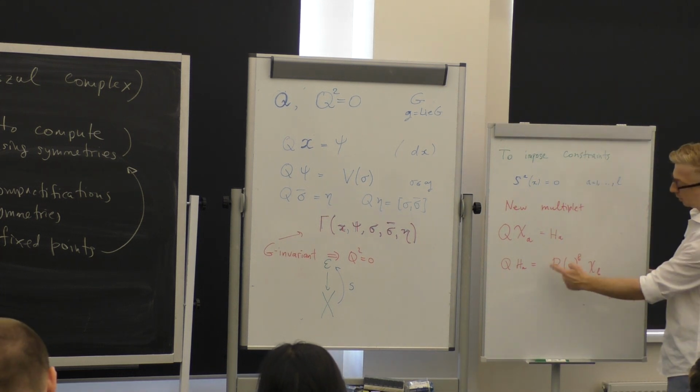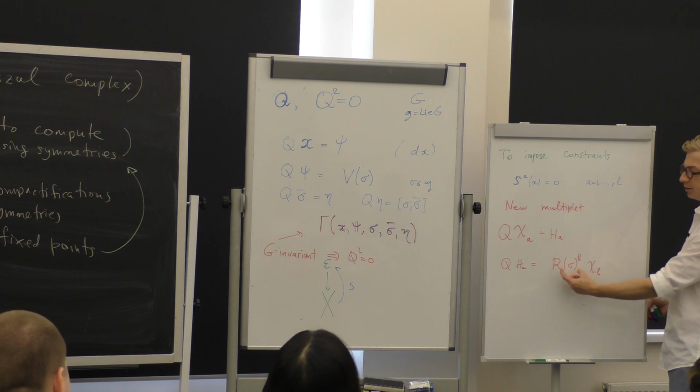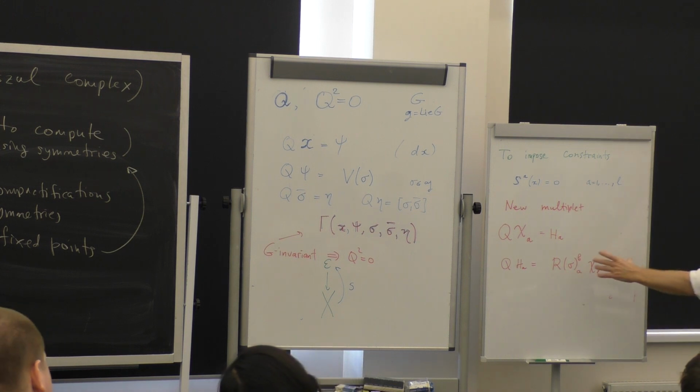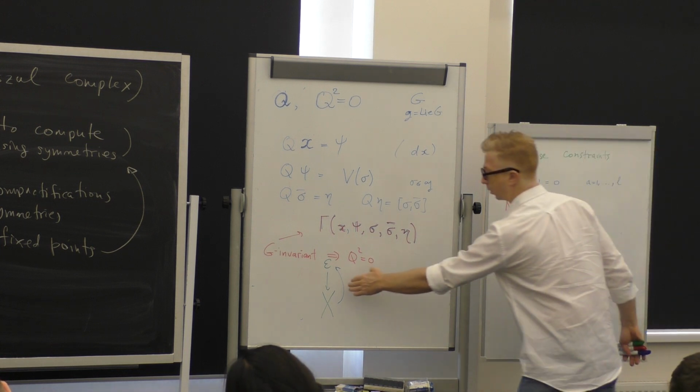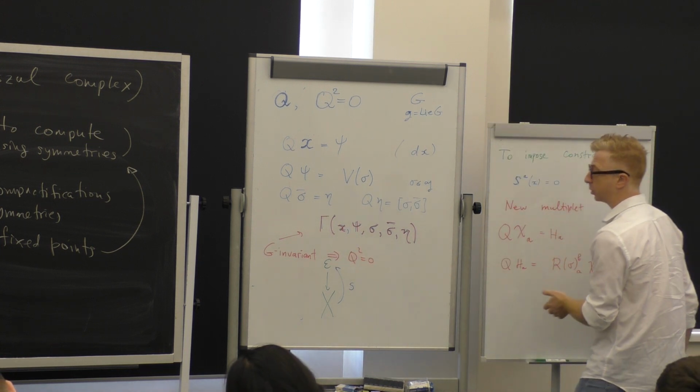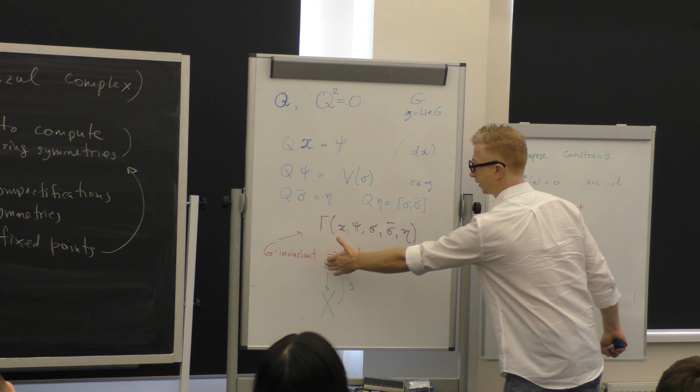And so this R of sigma is a representation, it's the infinitesimal action of the group on the fibers of my vector bundle.